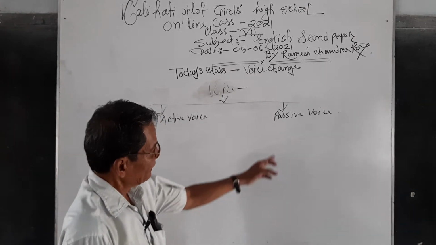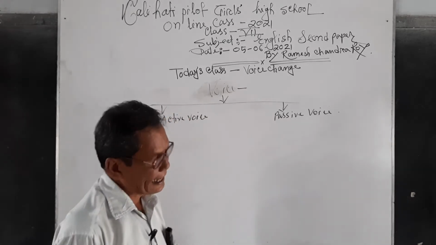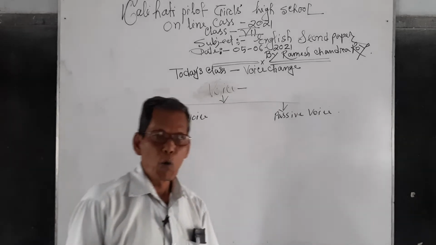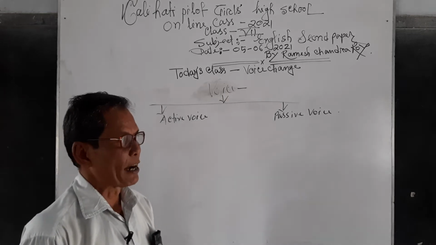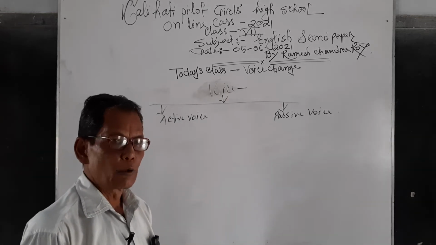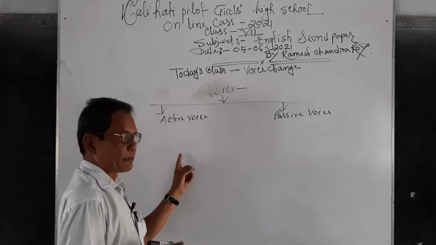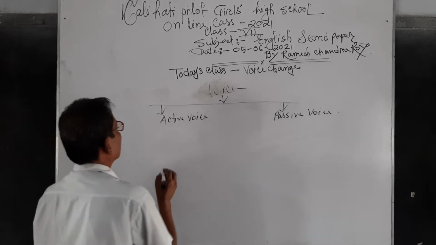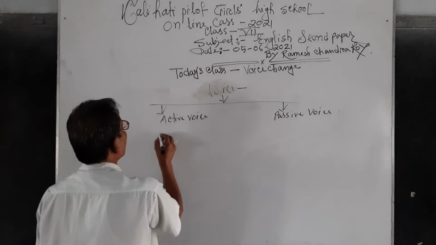If you want to change from active voice to passive voice, you must know subject and object, and you will have to change subject to object and object to subject. I am going to write down some subjects and objects.